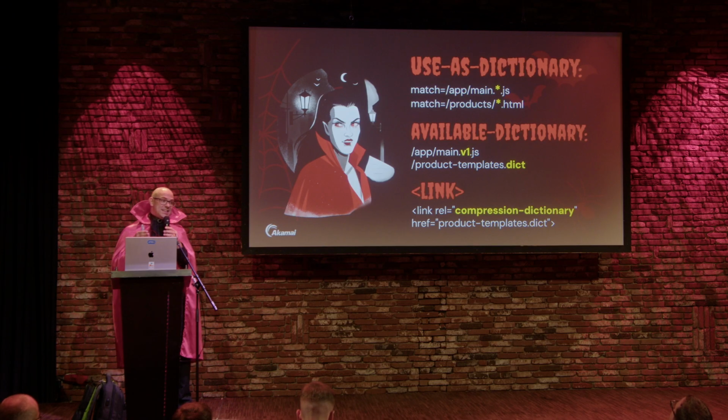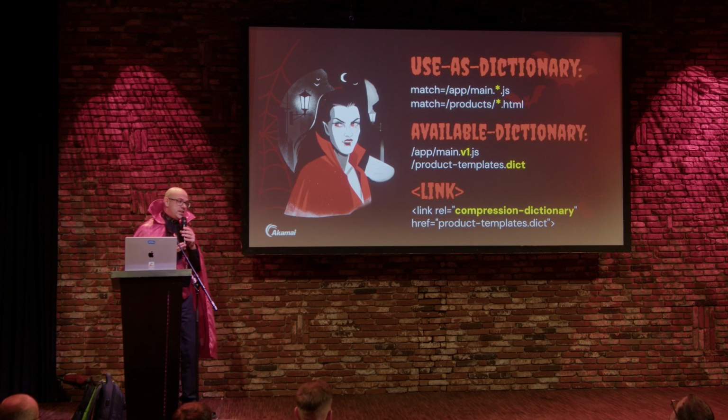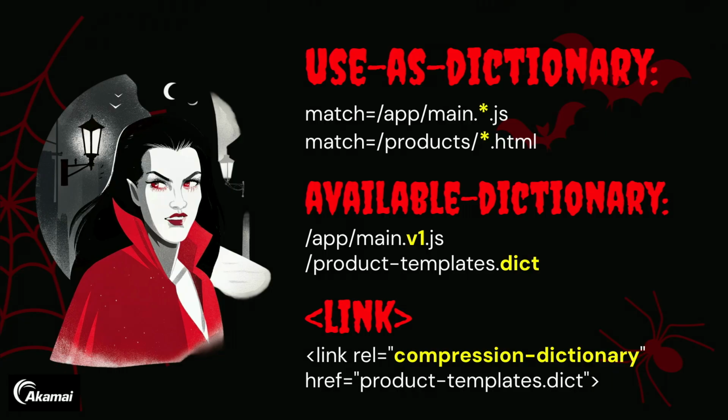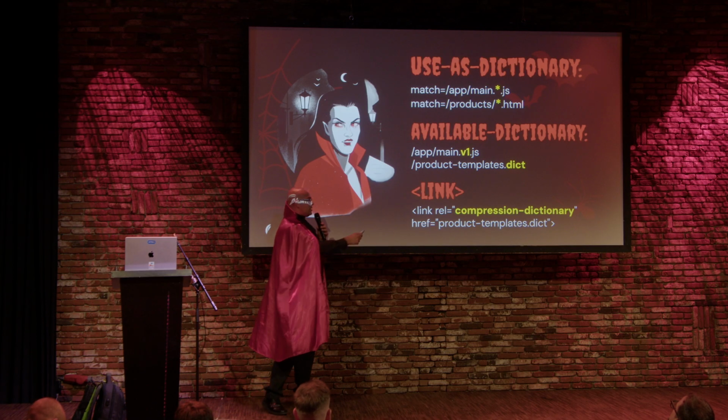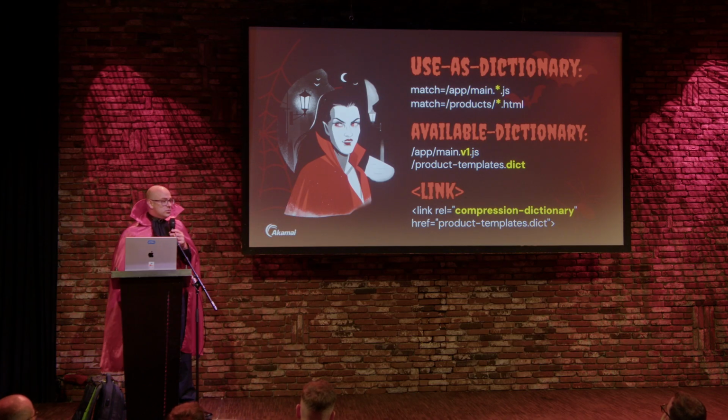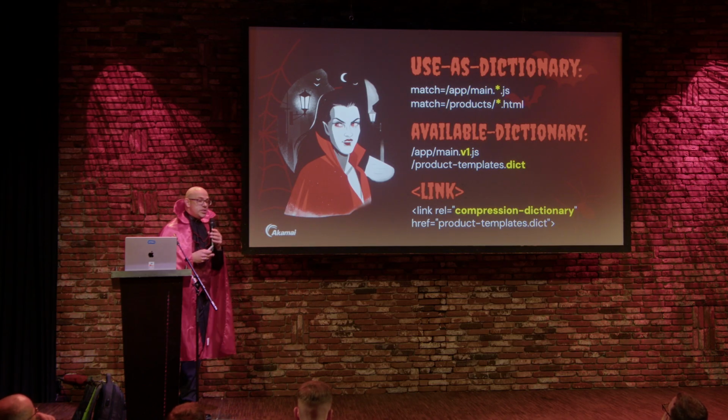The browser then stores that in the cache, and if it still has it in the cache when it's requesting one of the things that match the paths, it will send an Available-Dictionary request header, letting the server know, hey, I still have this in my cache. You can compress relative to this dictionary if you want. The final thing we need is a new link type header, because the shared dictionaries are basically new files that you don't normally use in a normal web page. So we need some way to tell the browser that they are available as well, and that is with this new thing. Relatively simple setup, very impressive results.